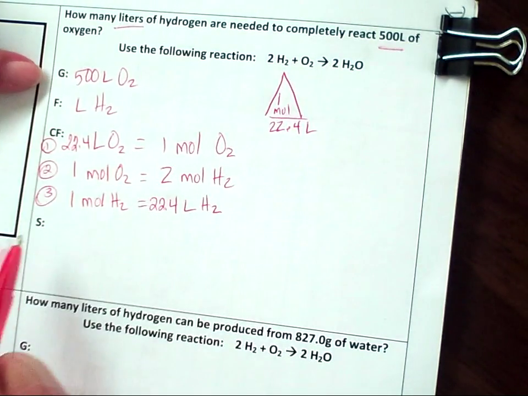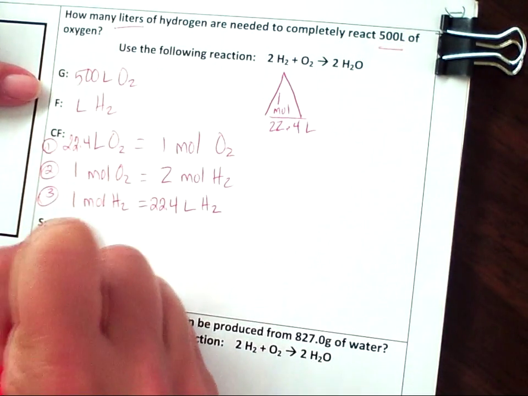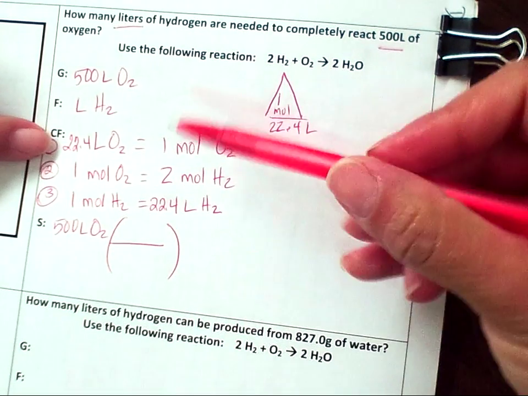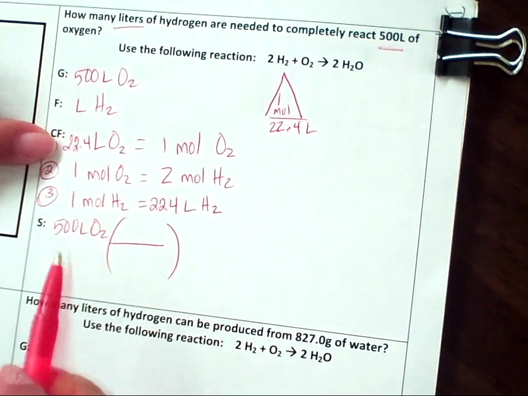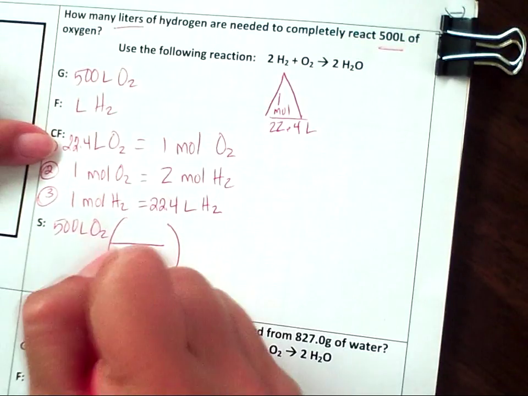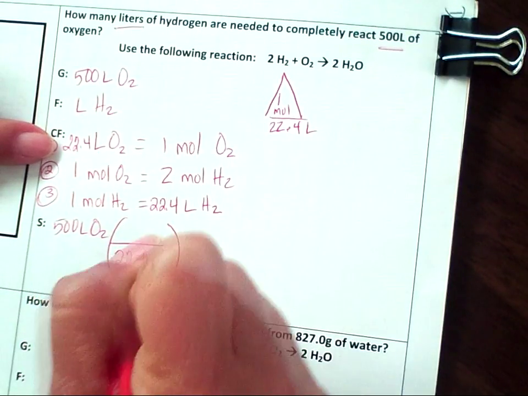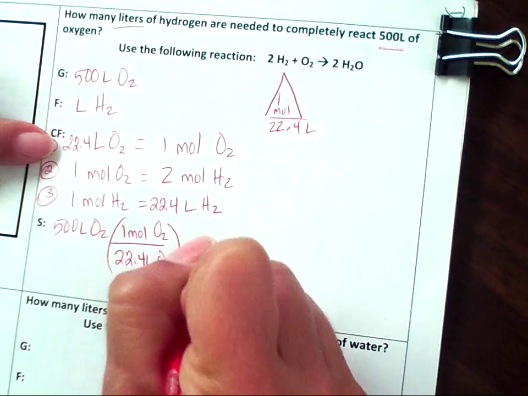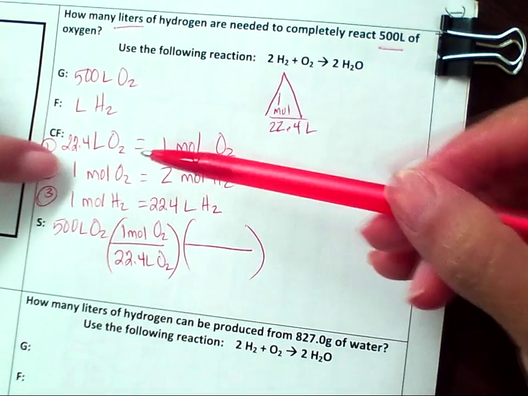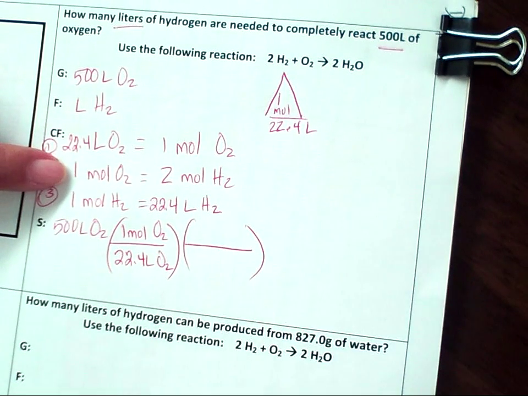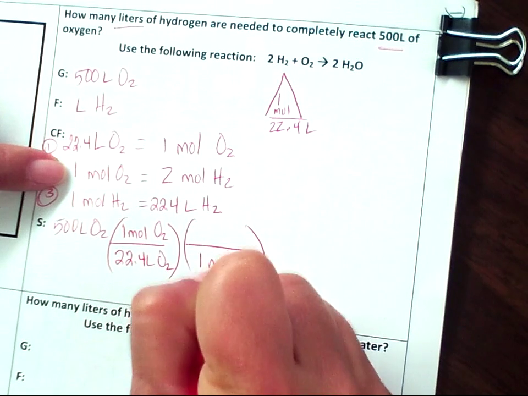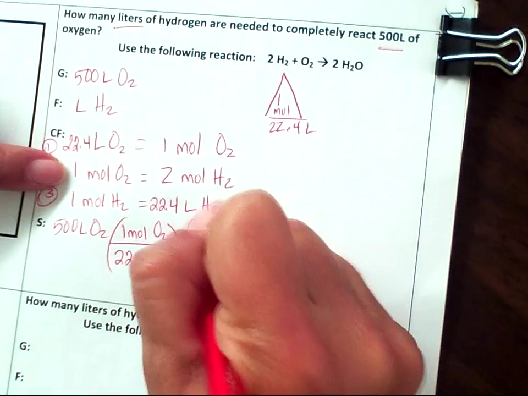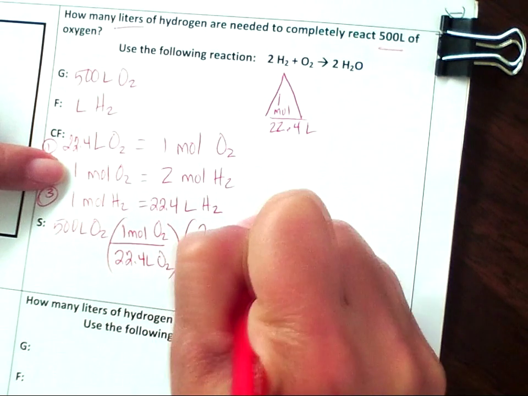So now we can start off with what was given. You would put the first conversion factor in the first parentheses. You'd put 22.4 liters of O2 on the bottom, 1 mole of O2 on top. You look at the second conversion factor for the second parentheses. 1 mole of O2 goes on bottom, so those could cancel. 2 moles of H2 goes on top.